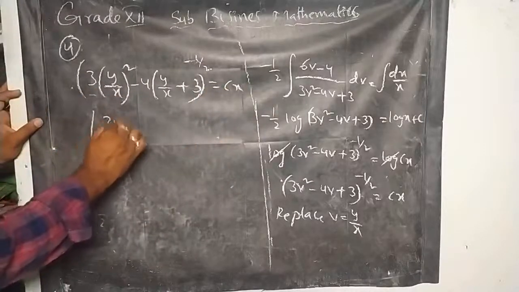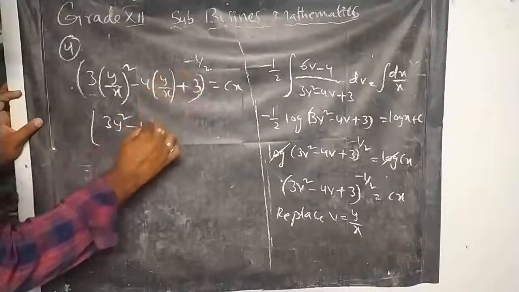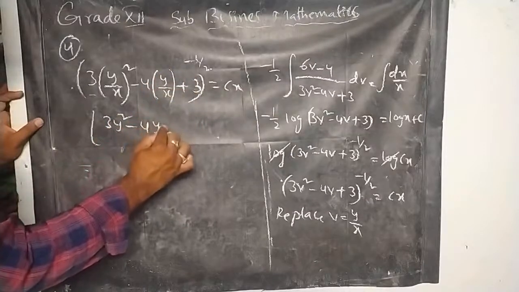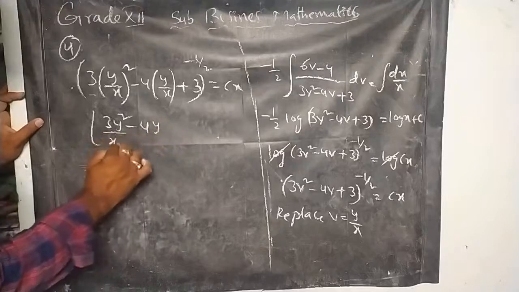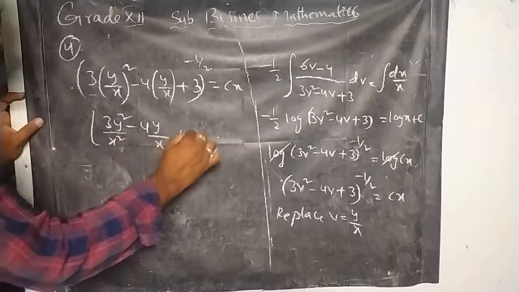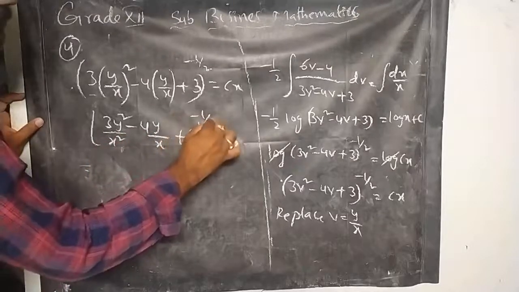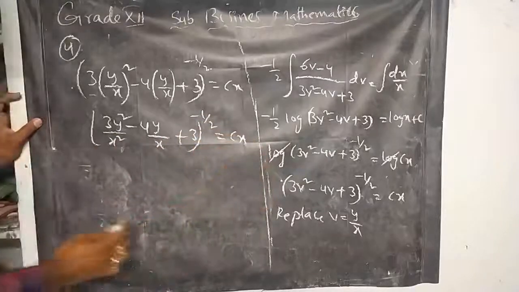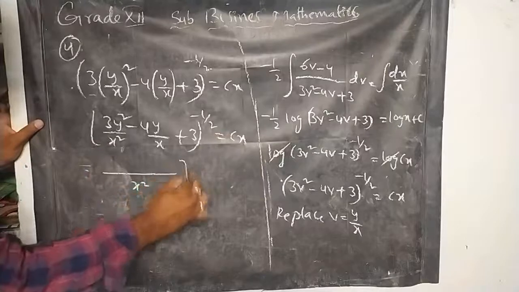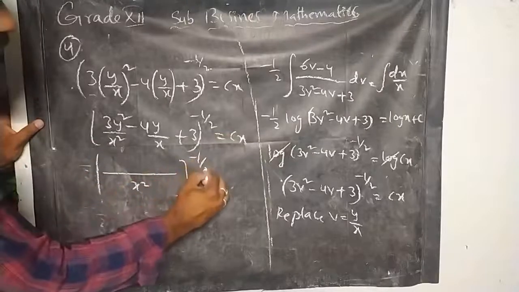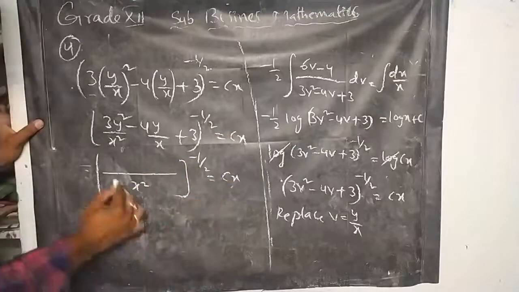So it will be 3y square minus 4y plus 3 whole to the power of minus 1 by 2 is equal to cx. So x square is the LCM here, whole to the power of minus 1 by 2 cx.